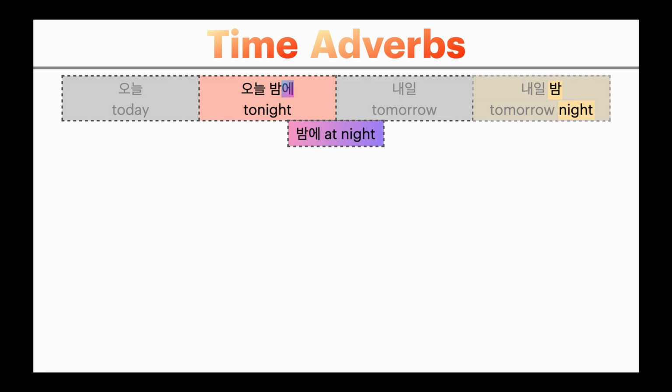Now let's go ahead and unlock tomorrow night, which literally translates to tomorrow night. Wow, so similar. And just like 밤에 and 오늘 밤에, we also will add an 에 after 밤. 내일 밤에, 오늘 밤에, 내일 밤에.